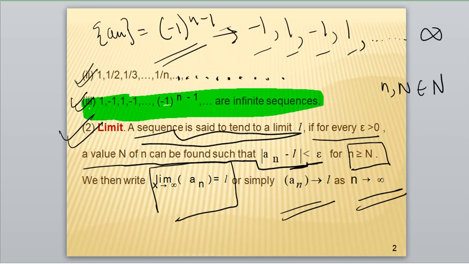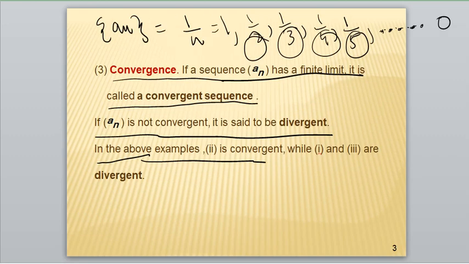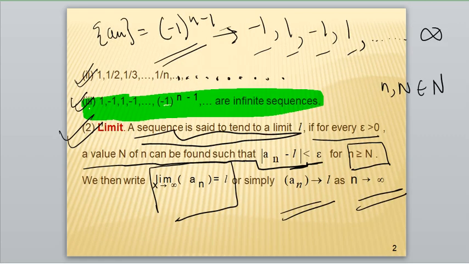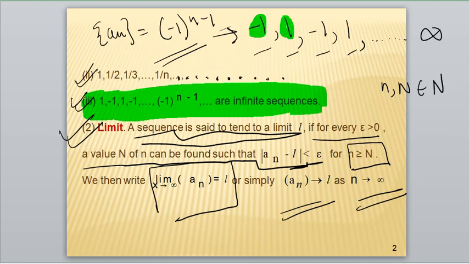The second example, number 2 is convergent, while 1 and 3 are not. Oh, sorry, this is not convergent. It cannot be. That's what I was thinking. How are they saying that this is convergent? Because I just now said this is an oscillatory function. So it will not converge to anything because it is becoming sometimes -1, then sometimes 1, then -1.